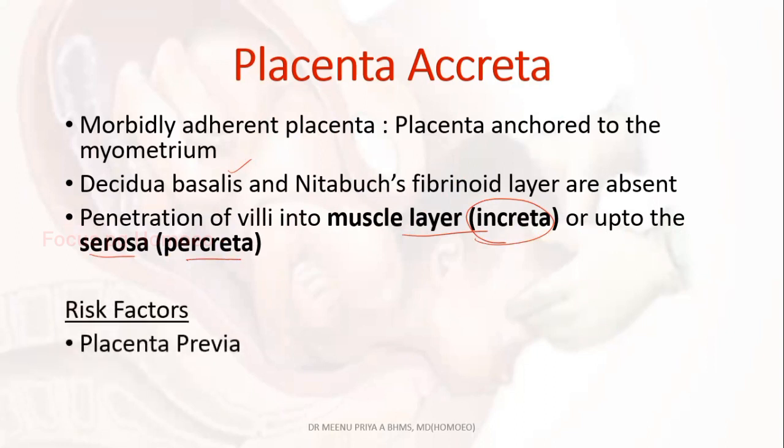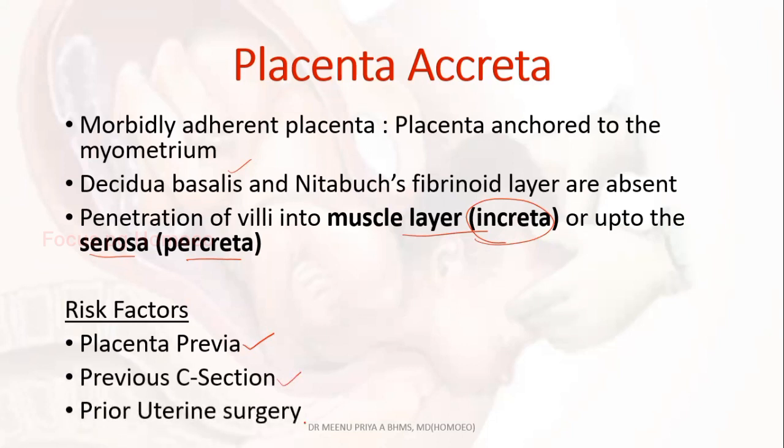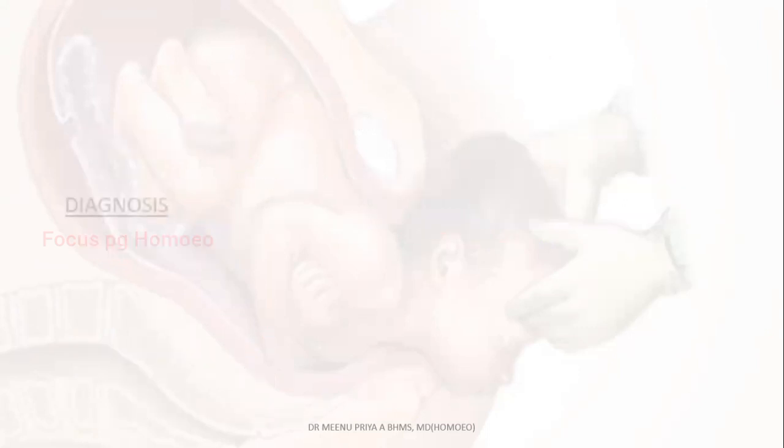Risk factors for placenta accreta are placenta previa, which will be dealt with in a different session where we discuss all the hemorrhage in pregnancy, previous C-section, and prior uterine surgery, any surgery related to the uterus.